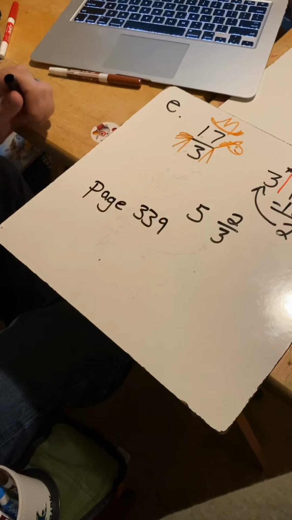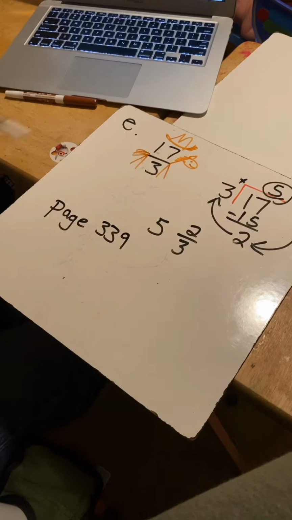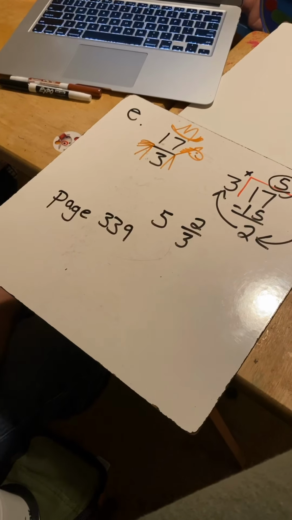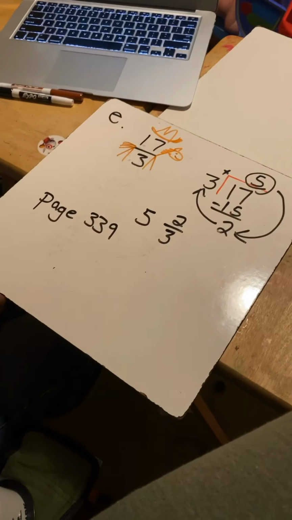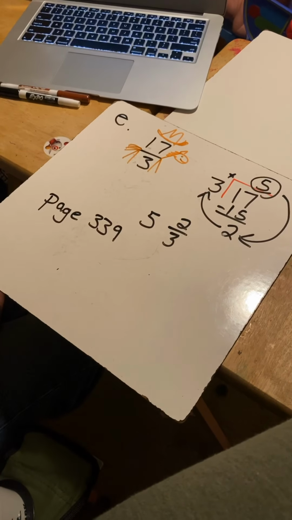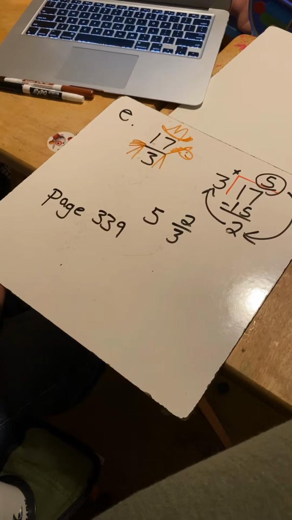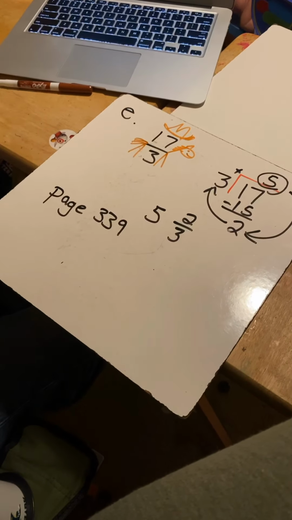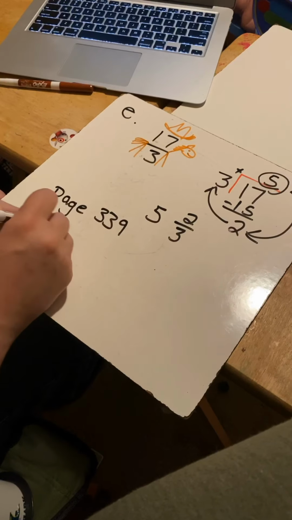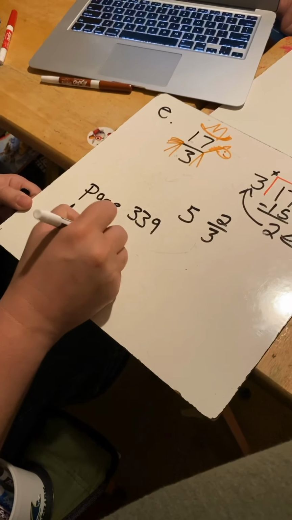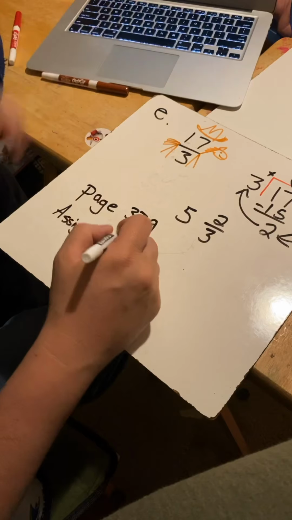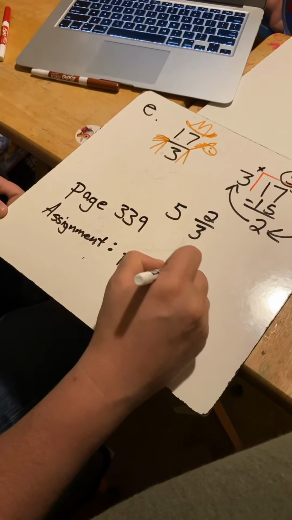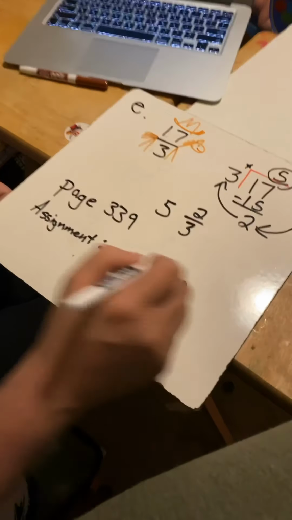I did not include a problem set with this because I thought we can just go ahead and do the homework pages, and you are just going to be responsible for completing the other side, which is page 340. So your assignment is page 340.